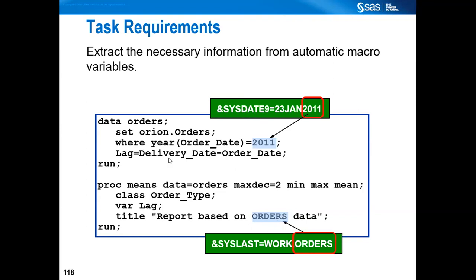And we know the recently created dataset name is always saved as an automatic macro variable called ampersand syslast. So instead of typing the name here, you can make use of this work dot orders, which is recently created in memory, as a value of the automatic SAS macro variable syslast. We are going to extract only this word. Are you getting it? What are we going to do now?